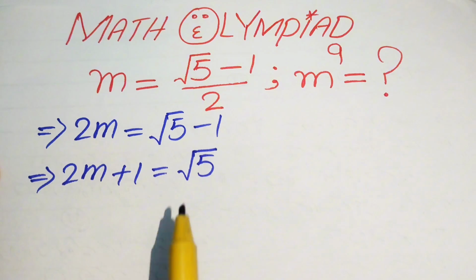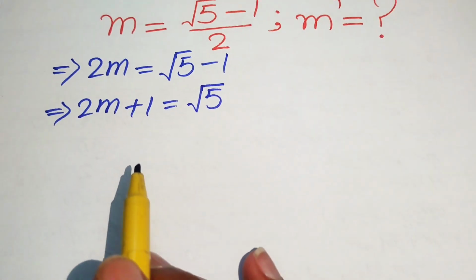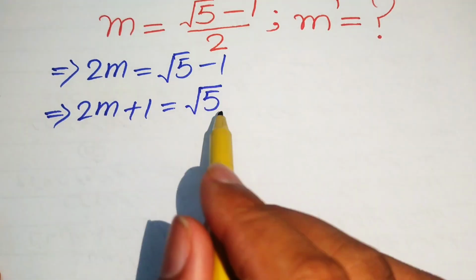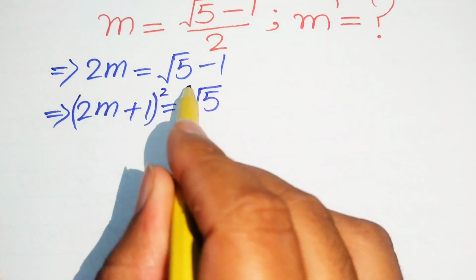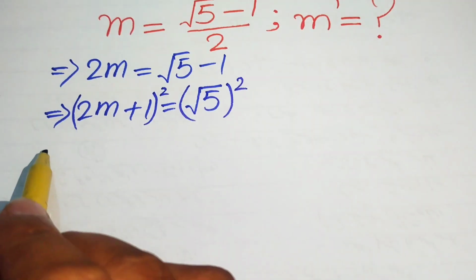And now in the next step, in order to remove this radical sign, we need to take the square on both sides of this equation, so that it looks like this.